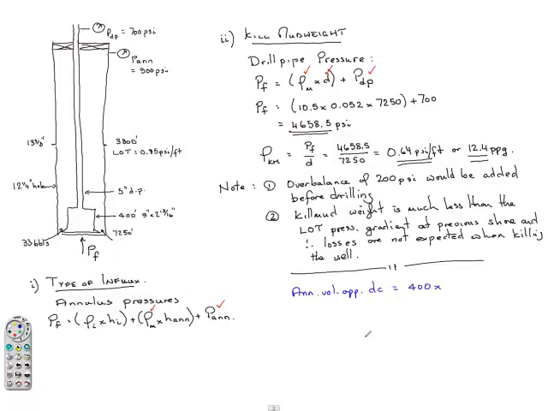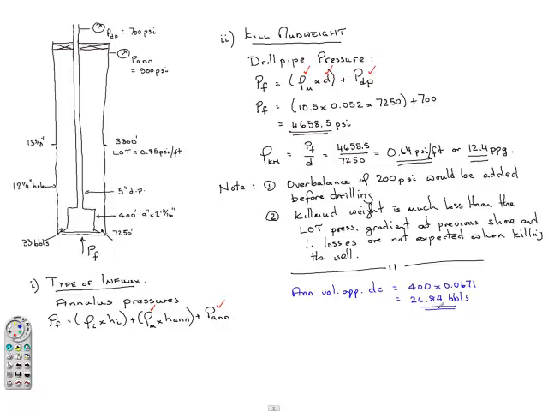On that sheet you will find that the annular capacity opposite the drill collars, between the 9-inch drill collar and the 12¼ inch hole, will be 0.0671 barrels per foot. If you multiply that out, you get an annular capacity there of 26.84 barrels of whatever is in that annular space.